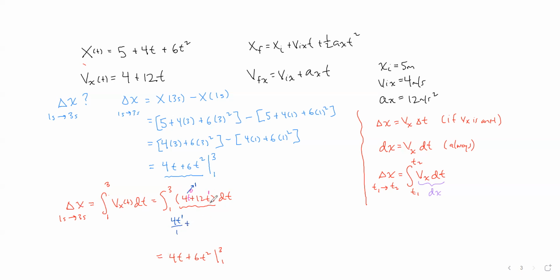Plus 12t to the first, let's promote the 1 to a 2, so I'll have 12t squared, and divide by the new power of 2. This gives us 4t plus 6t squared. And that is what we want to evaluate from 1 to 3 in order to get the displacement.